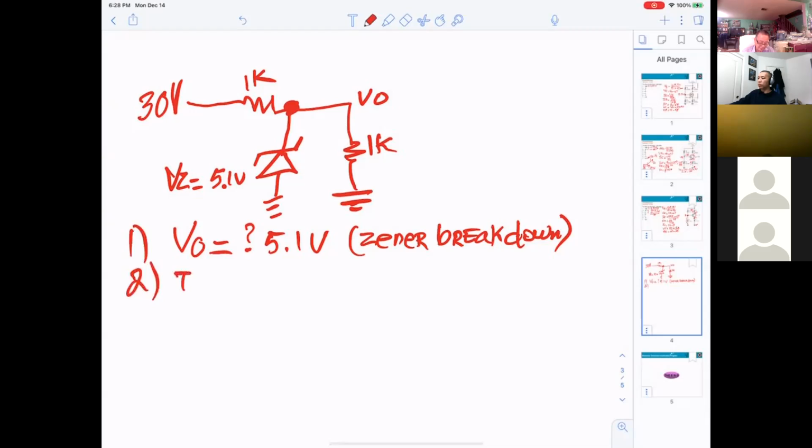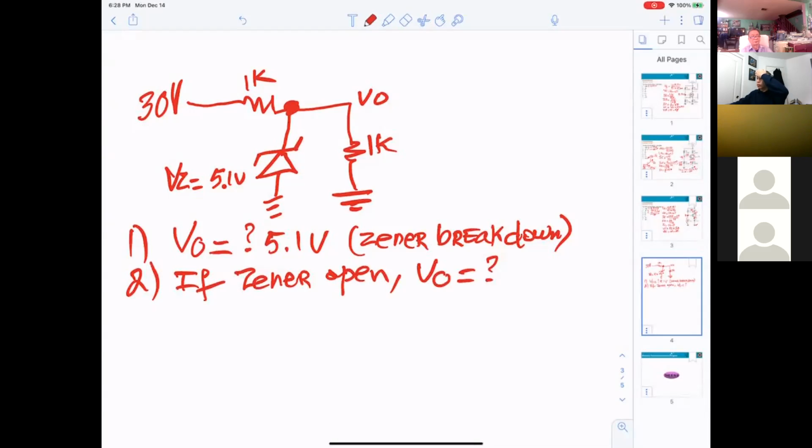Next one. If the Zener is open, what is VL? 30 volts. Put the divider, 0.7.